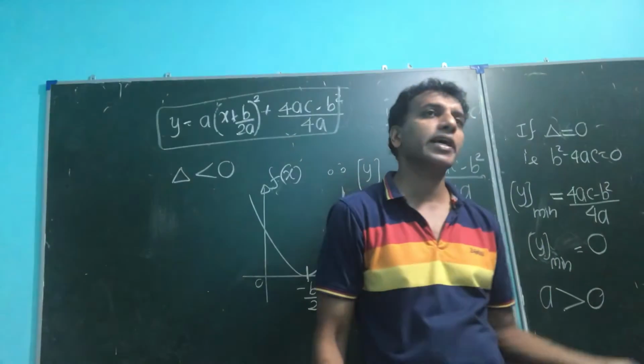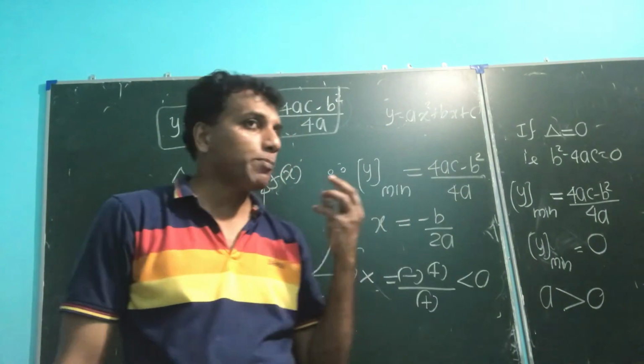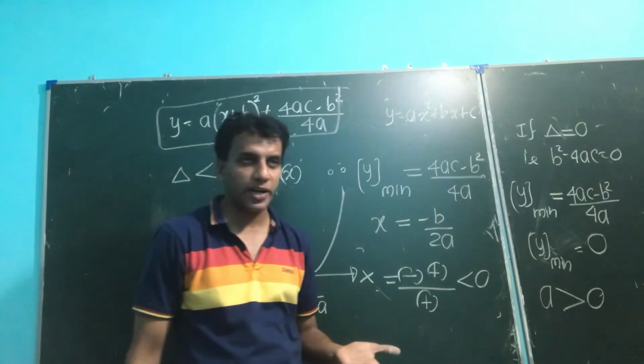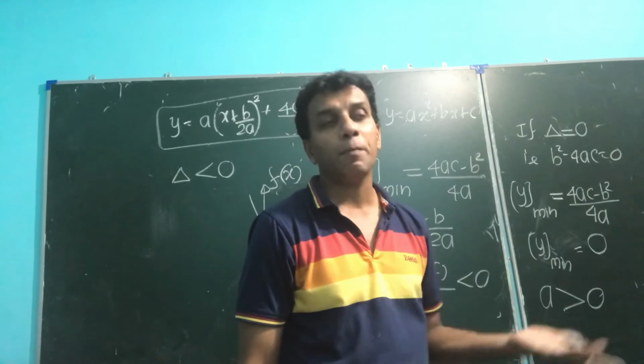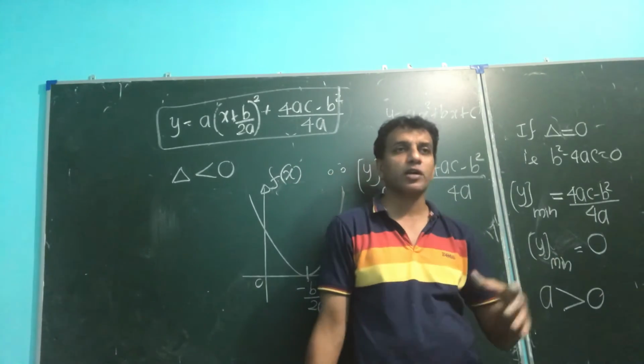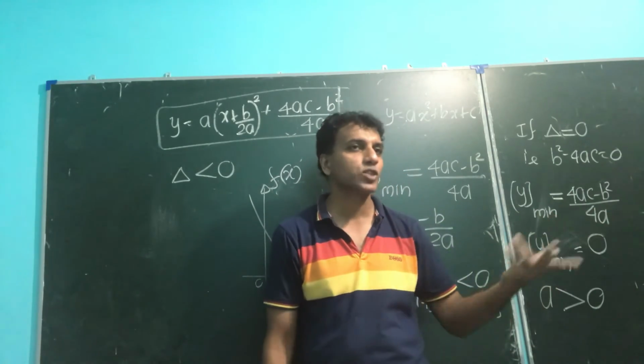What do you mean delta negative? There are no real solutions. Then what type of solution? Imaginary numbers. You have learned all levels of real numbers. If you come to grade 13, we have the complex or imaginary numbers. You can't find a real solution for that.